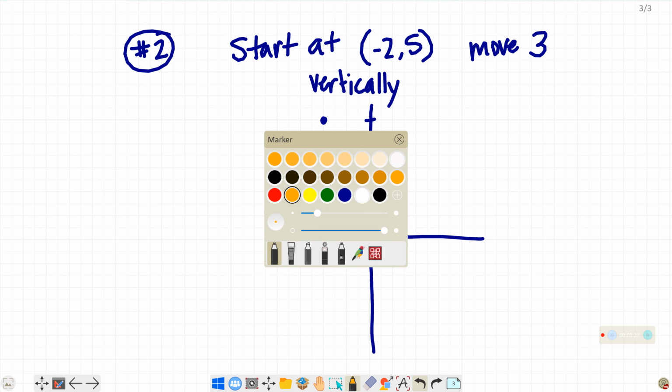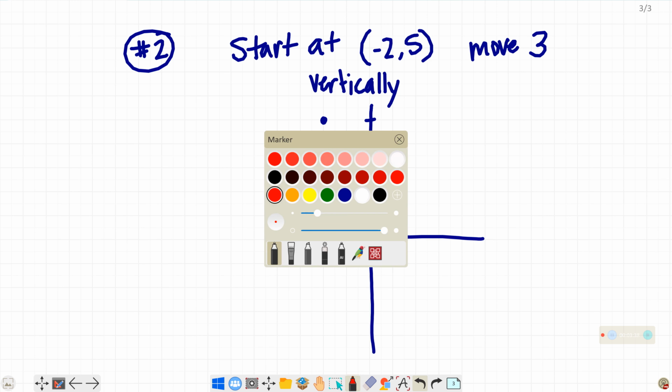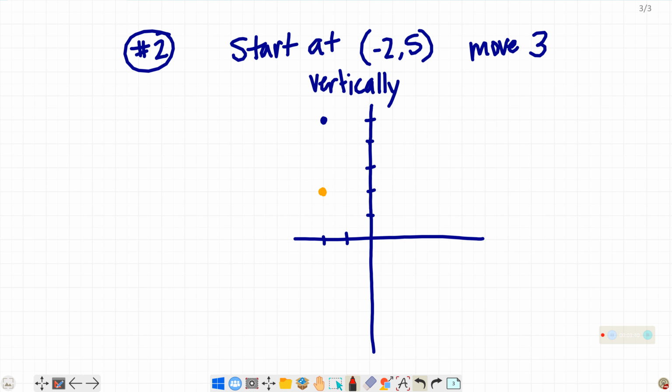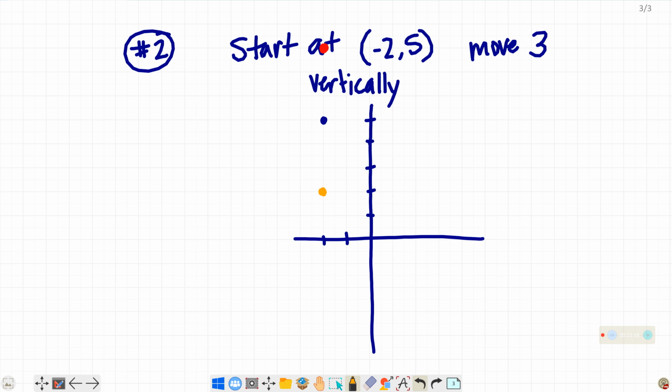So if I move down 3, 1, 2, 3, that puts me at this point. But if I moved up 3, I would end up at a different point.